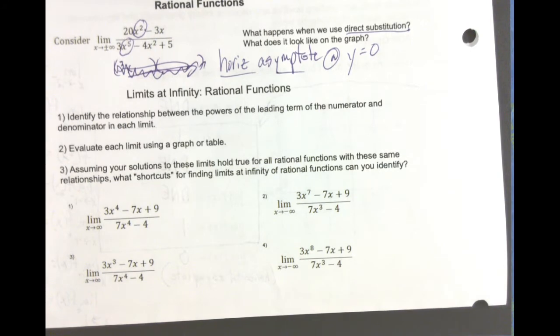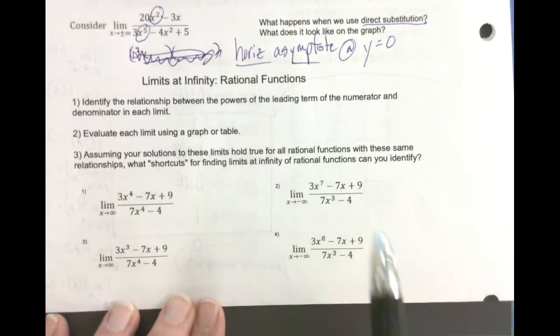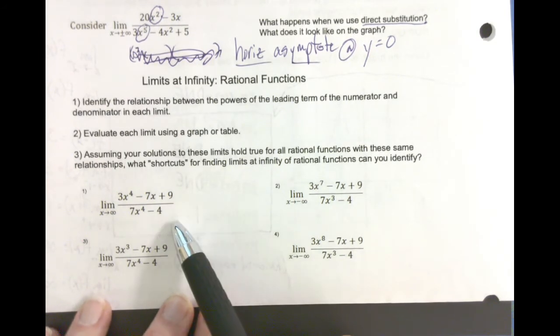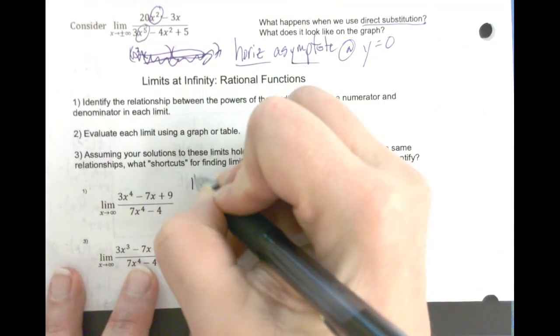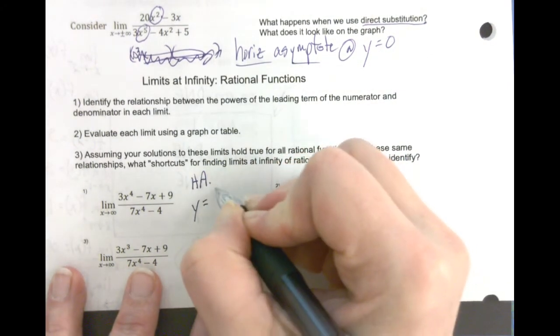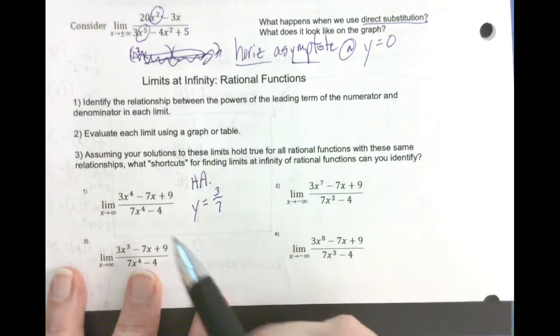Okay, so do you remember what happens here? So this has a horizontal asymptote at what? 3/7. Y equals 3/7. Why? Because the top and bottom degrees match. So we do leading coefficient over leading coefficient.